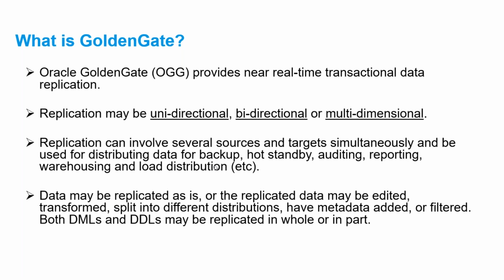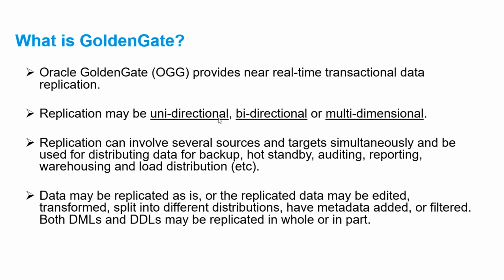With Goldengate, you can have multiple sources and a single target, or a single source and multiple targets as well. It can involve several sources and targets simultaneously, so you can have one or more sources and one or more targets at the same time. And you can use Goldengate for distributing data for backup, hot standby, auditing, reporting, warehousing, or load distribution.